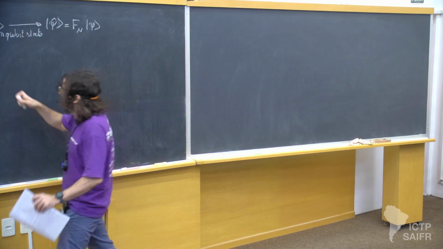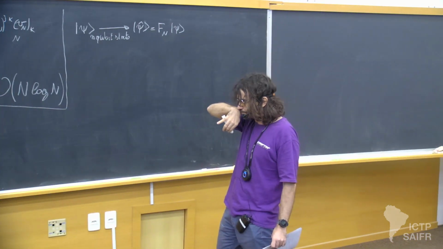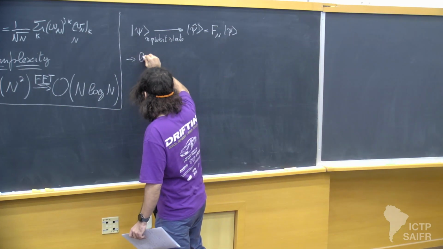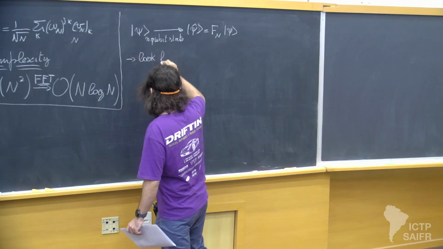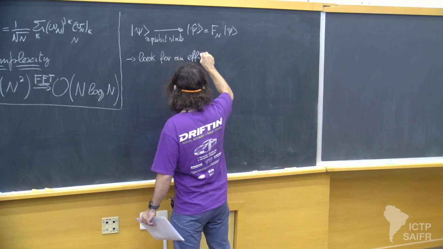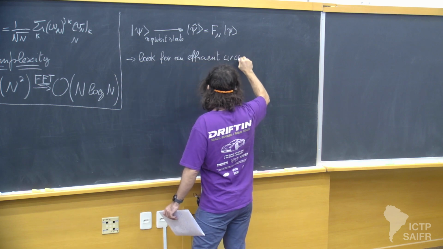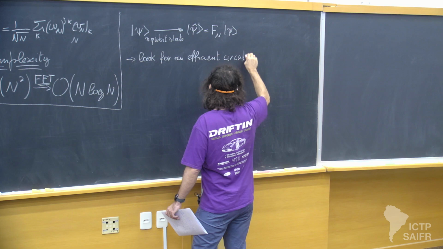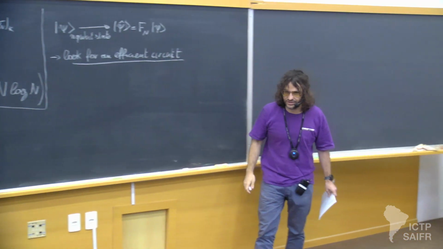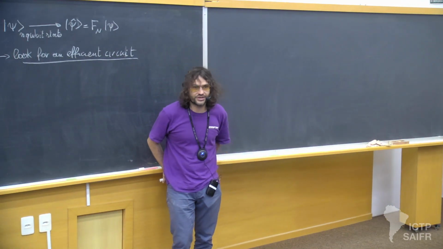So again, this is a little bit orthogonal to what we did yesterday. Our goal now is to look for an efficient circuit that realizes this operation. So we will really draw the circuit at the end. We will not work with oracles.